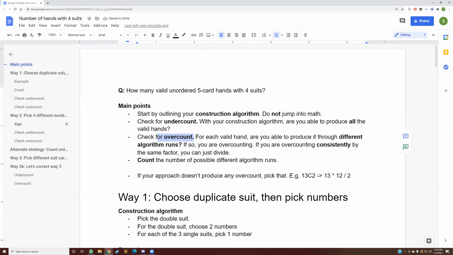How do you check for overcount? Do you remember? Well, if you can run the algorithm in 2 different ways and get the same valid hand. After you make sure that there's no undercount and overcount, or if there's overcount and you know the overcount factor, then you multiply everything together and divide by the overcount factor.